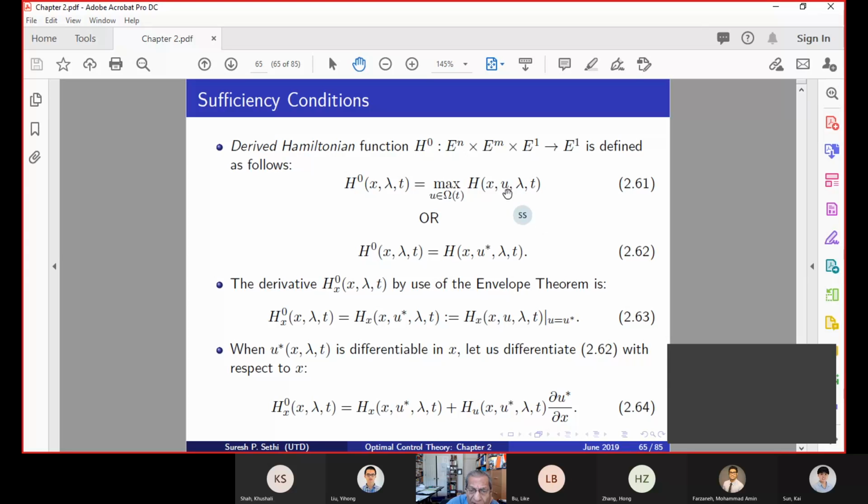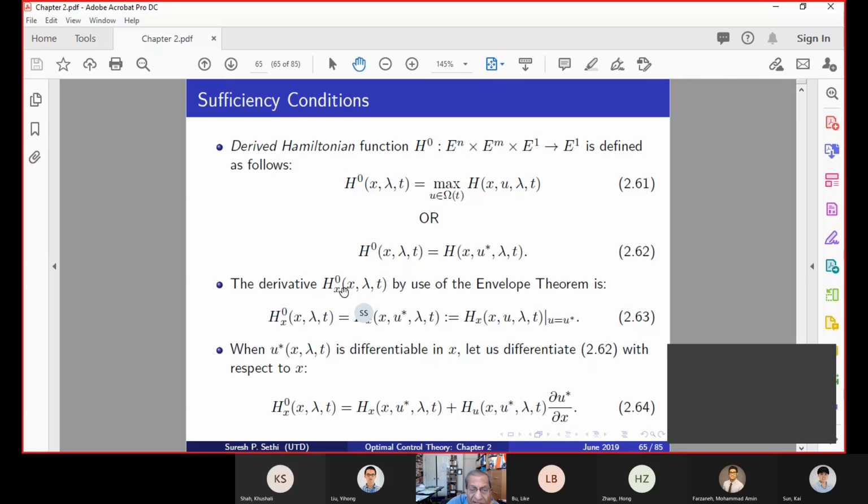This you can do, it's a regular optimization problem. So you can in principle define it, and then you call this the derived Hamiltonian. It doesn't depend on u anymore because u will be a function of x, lambda, t. So you put u as a function of x, lambda, t, which is going to be this function u star of x, lambda, t, and then you get this function.